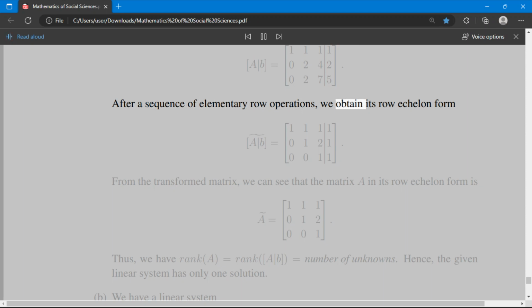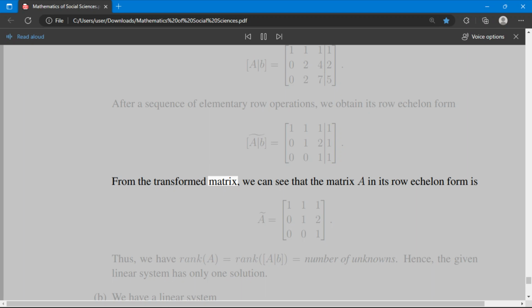After a sequence of elementary row operations, we obtain its row echelon form GAB equals [1, 1, 1 | 1; 0, 1, 2 | 1; 0, 0, 1 | 1].